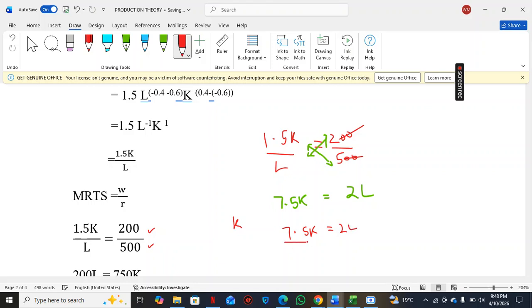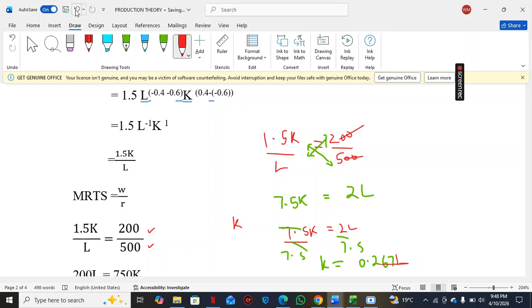We want K the subject of the formula, so you divide both sides by 7.5. 2 divided by 7.5 gives 0.267L. Okay. I'll interpret this, don't worry.